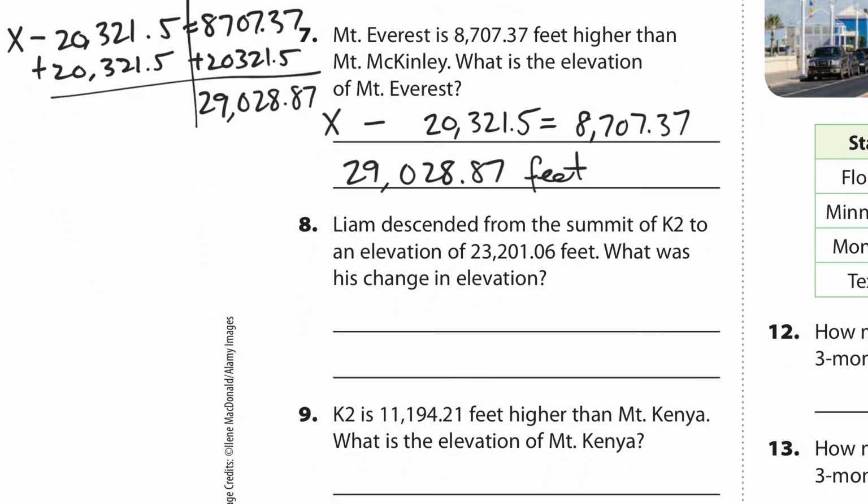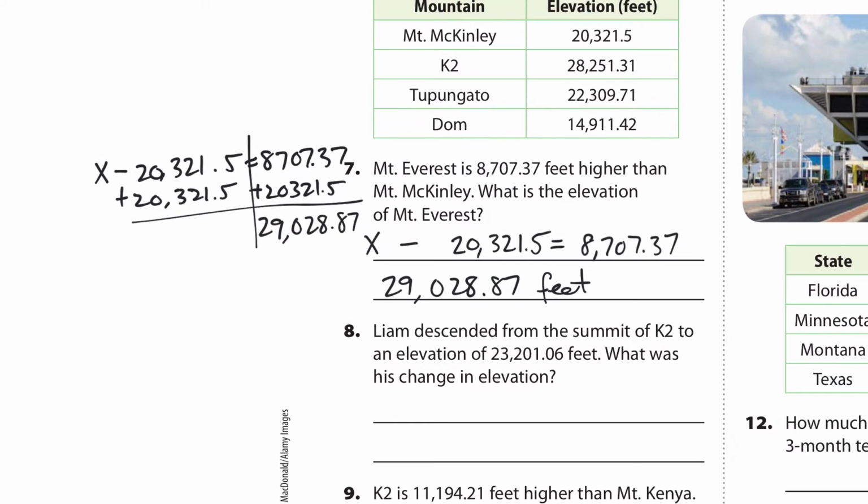Liam descended from the summit of K2 to an elevation of 23,201.06 feet. What was his change in elevation? Well, let's look at K2. K2 is 28,251.31 feet. Oh, goodness, these huge numbers.